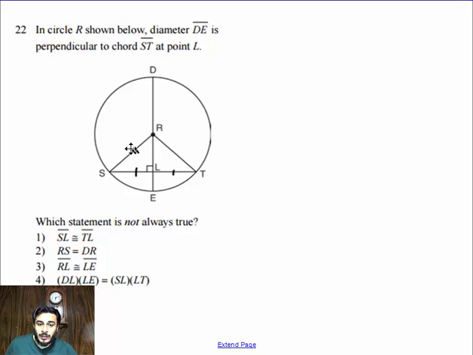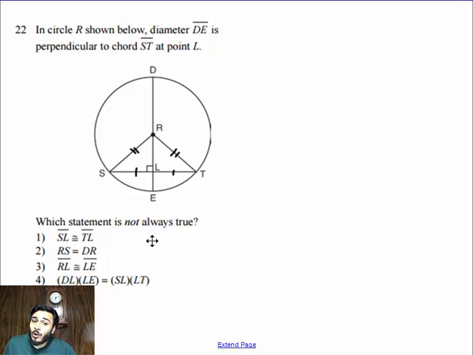And this side is equal to this side. It's just automatic. And of course, these triangles are congruent to each other by side, side, side, or side angle, side, and so on and so forth. Anyways, let's go through the choices.